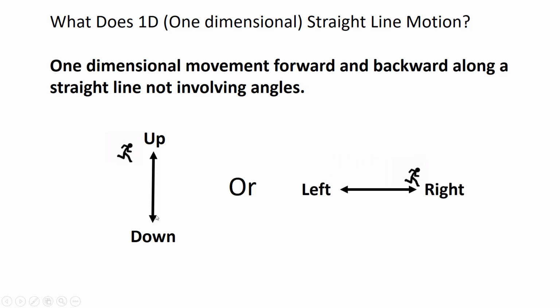So they're either moving up or down, or maybe both. Maybe they're going north 10 and then back south 5 and then north 20 or something. Or they're going left and right. As long as they're along this plane, they can be going either way. They could be switching back and forth, or they could just be going straight. It would still be one-dimensional motion if they were going straight.